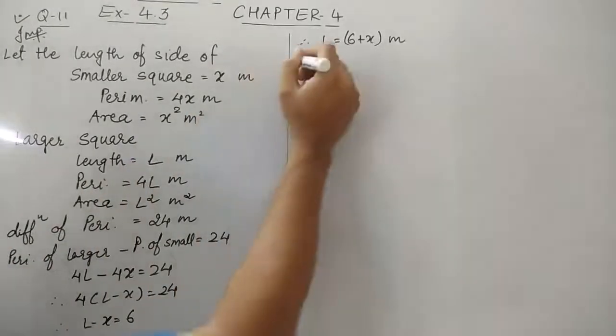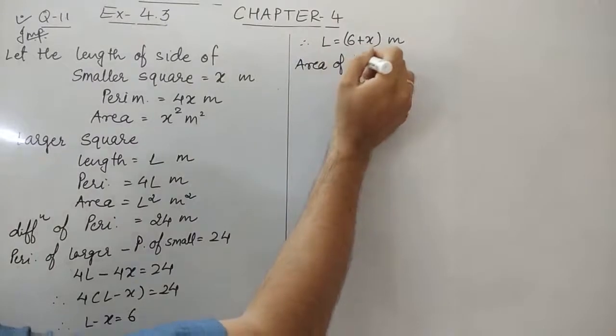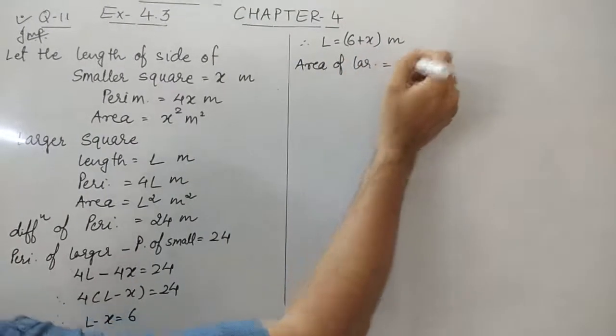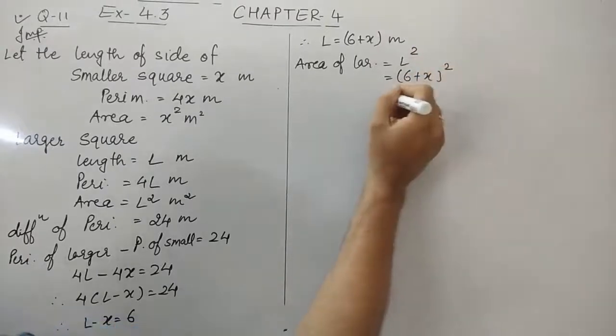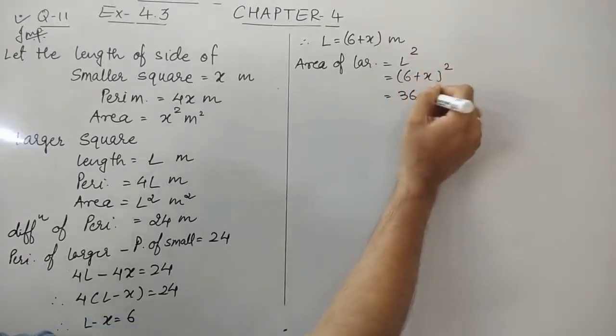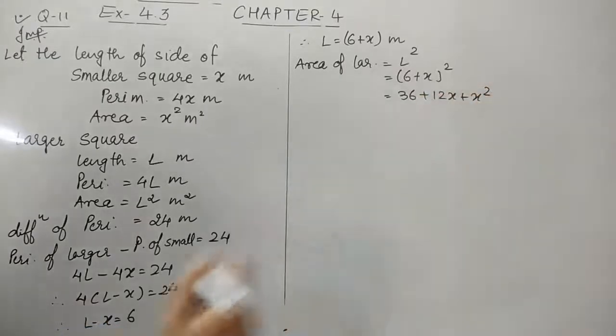So now what will be the area of the larger square? As it is L square, that is 6 plus x the whole square. Let us expand this: 36 plus 12x plus x square. I've used the formula a square plus 2ab plus b square.